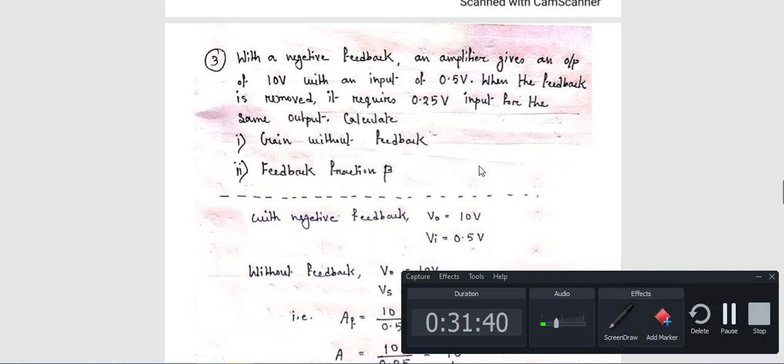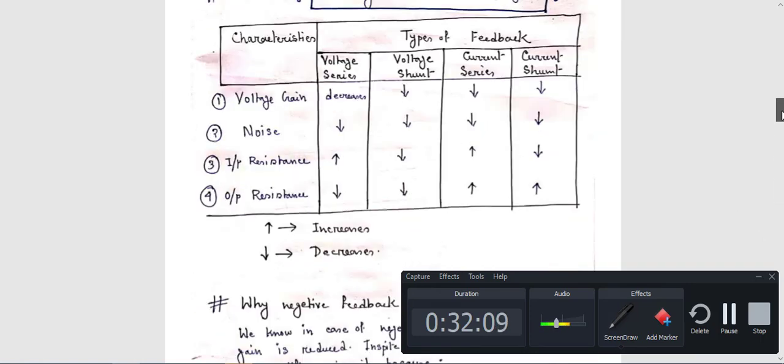This is given, with an input of 0.5 volt. That means when your output is 10 volt, your input is 0.5 volt. This is also given. Next, when the feedback is removed, that means now there is no feedback path. The previous negative feedback amplifier now behaves just as an open loop circuit. At that condition, it requires 0.25 volt input. Come to the diagram.